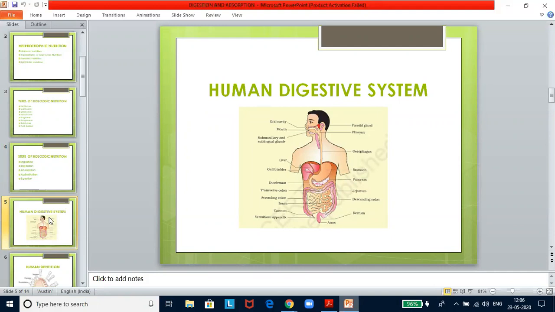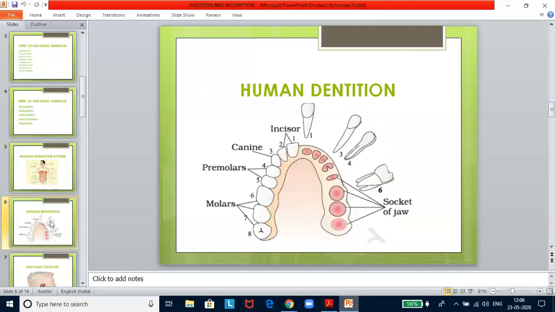These are mouth, oral cavity, pharynx, esophagus, stomach, small intestine, large intestine, rectum, and anus. Some digestive accessory organs like salivary glands, pancreas, liver, and gallbladder are connected to the main system by a series of ducts. Now let us look into the mouth part. Here I am only projecting the dentition part.